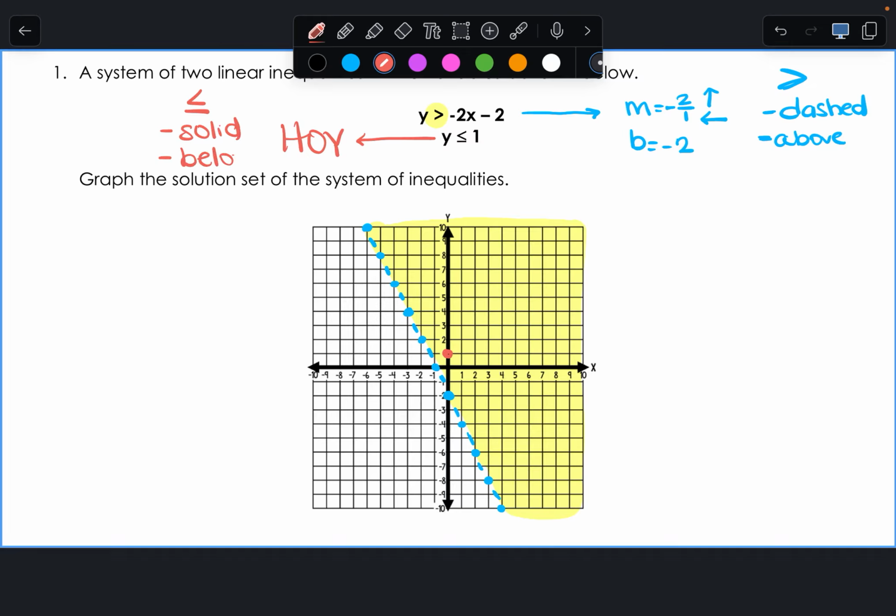Below. So the shaded area is this part right here.